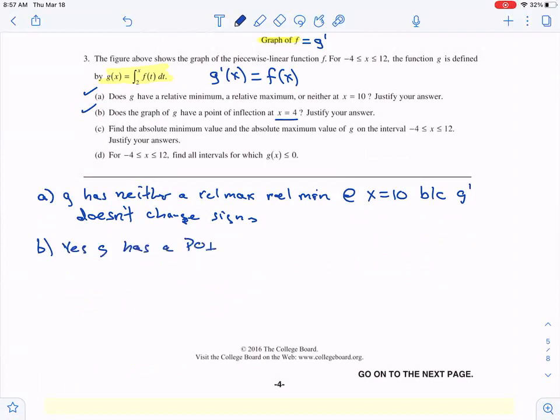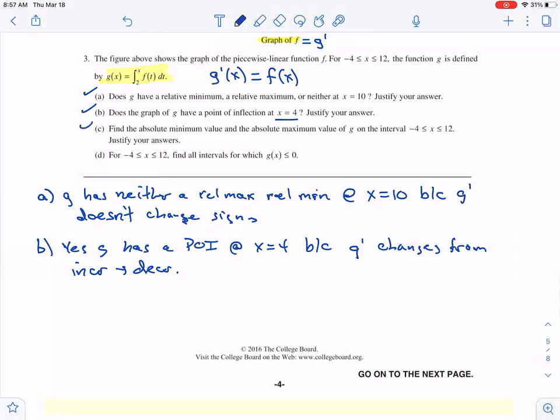Can I use POI? Heck yeah. At x equals 4, because sometimes you feel like a nut, because G prime changes from increasing to decreasing. Okay? That's my justification.